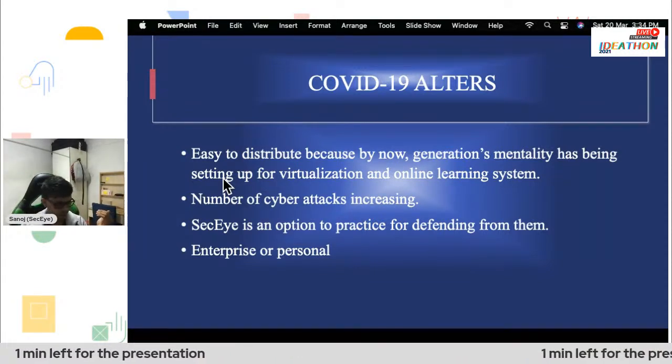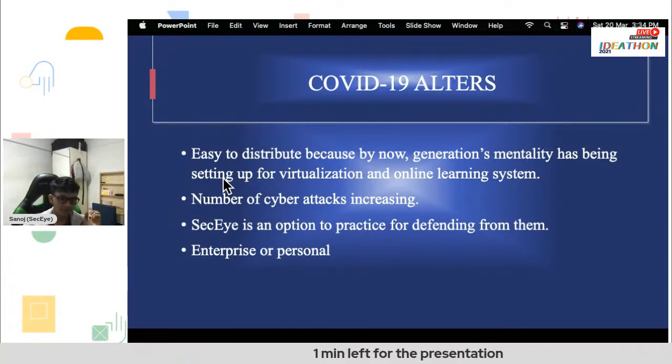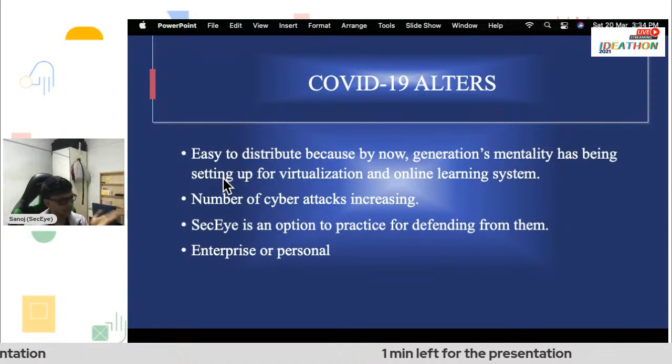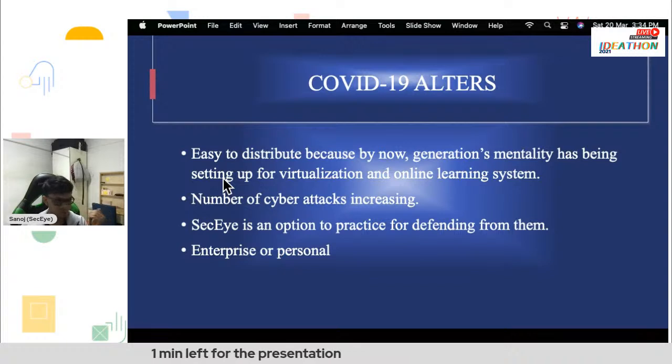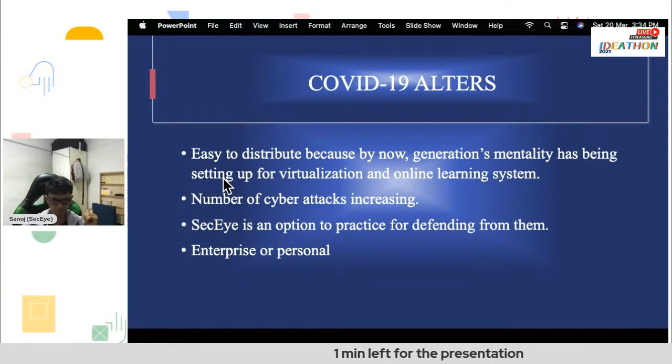At the same time, because of COVID, people are not going to the office, so they stay at home doing remote desktop, and maybe a lot of exploits are seen there, with cyber attacks increasing. So Sakai, our product, is an option to practice their techniques to defend from cyber risk. It's one of the options they have because of COVID.